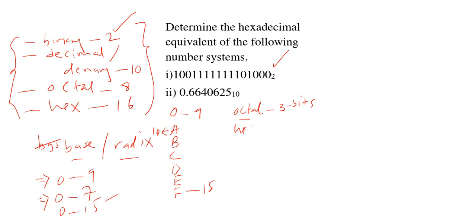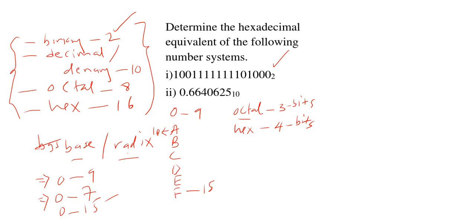And in hexadecimal, when you are encoding into binary numbers, it is a must that you use 4 bits for each digit. You must represent each digit using 4 bits. For decimal, we don't have any rule when we are writing the binary equivalent.